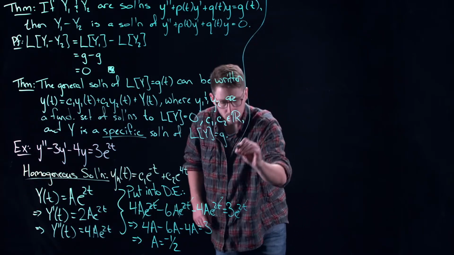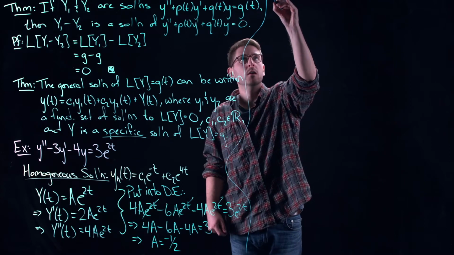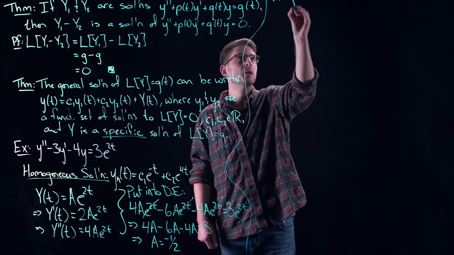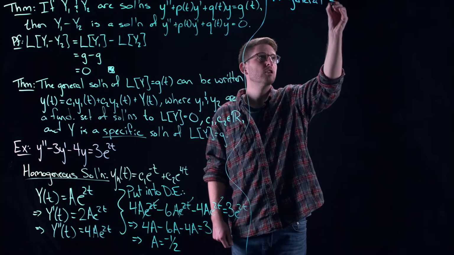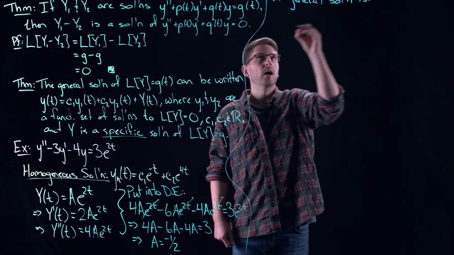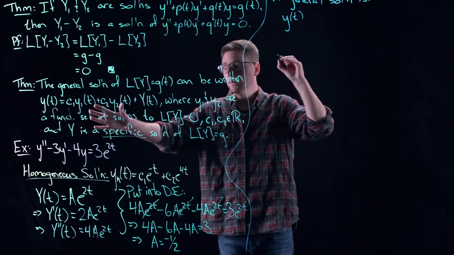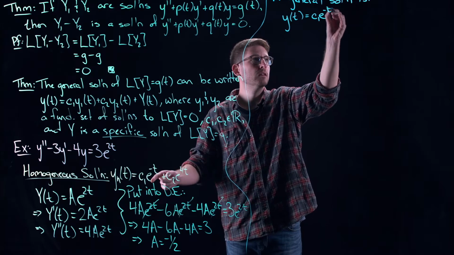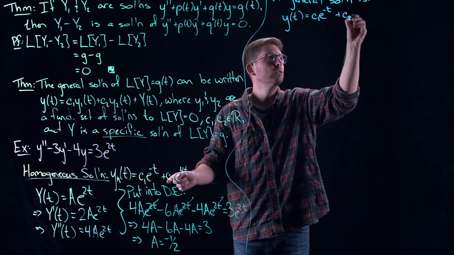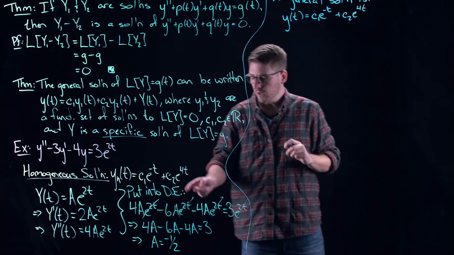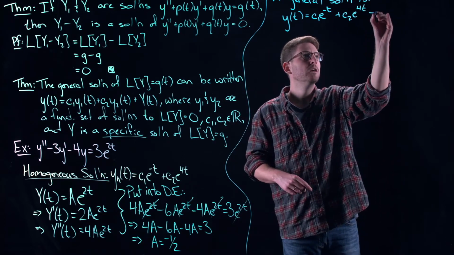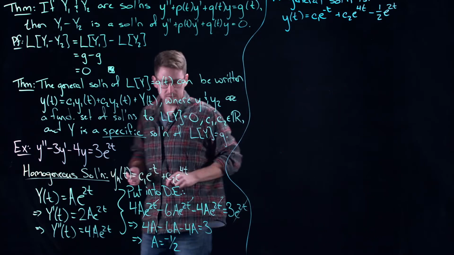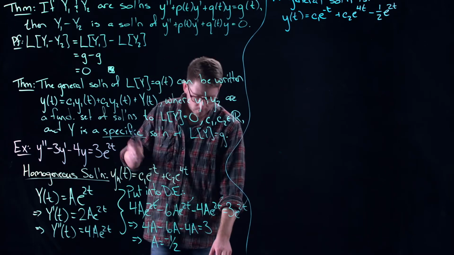And so, therefore, the general solution is, well, based on the theorem that's right here, y of t is c1 e to the minus t plus c2 e to the 4t, that's the homogeneous part, plus the specific part, minus 1/2 e to the 2t. So there it is, written in exactly the same form as we just saw from this theorem.